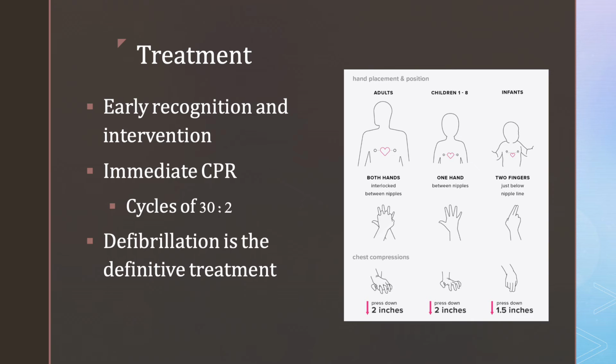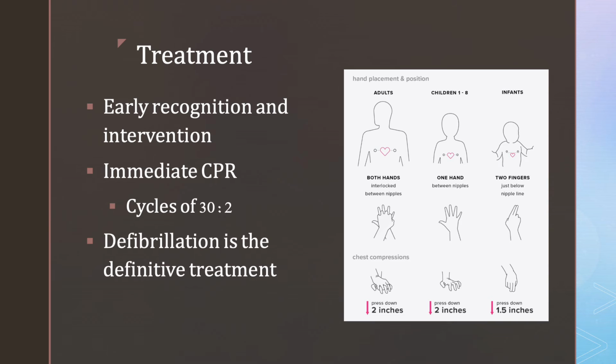Focusing on adult CPR compression technique, hands should be interlocked and placed mid-chest with a compression depth of 2 inches. It is also important to remember to allow a complete recoiling of the chest between compressions for effective CPR so that way the heart can properly fill with blood between each compression.